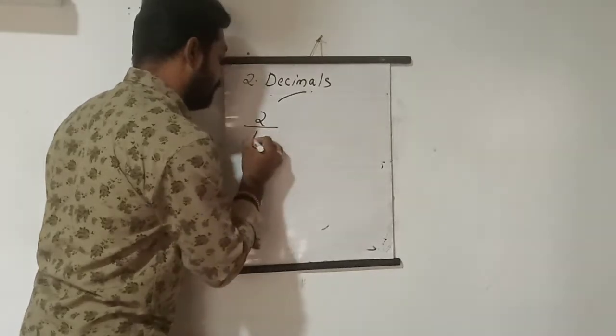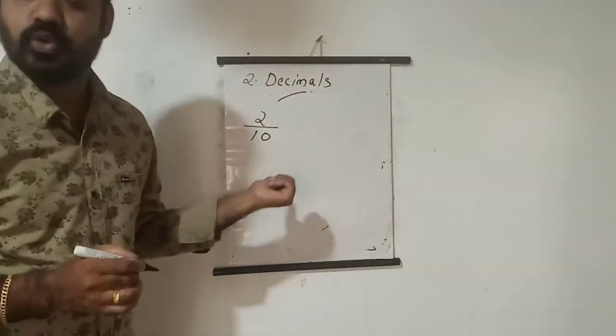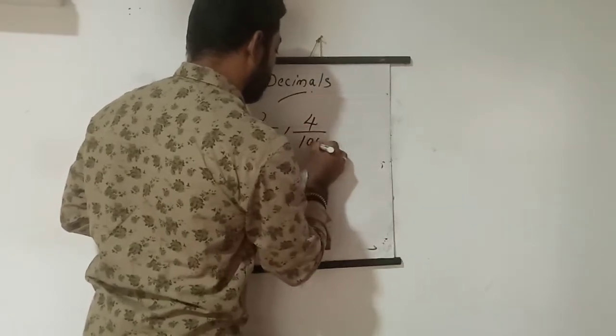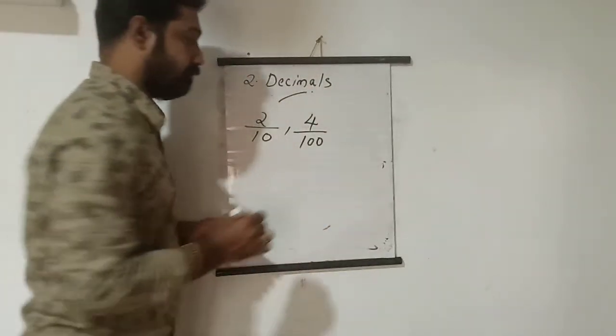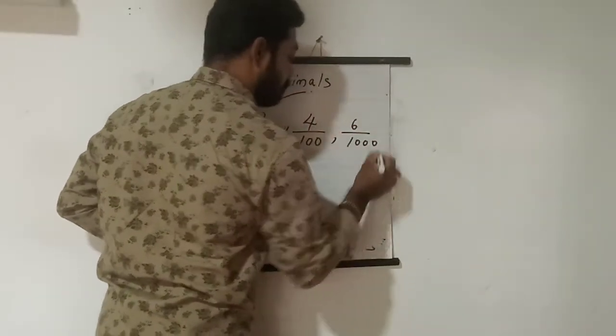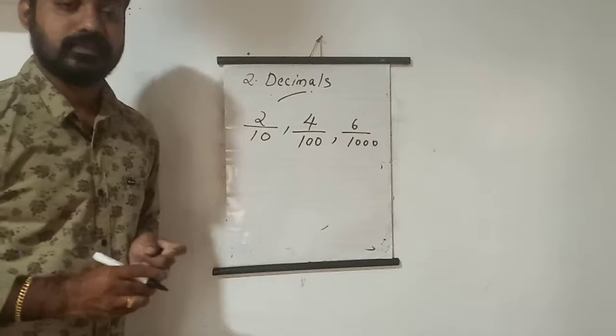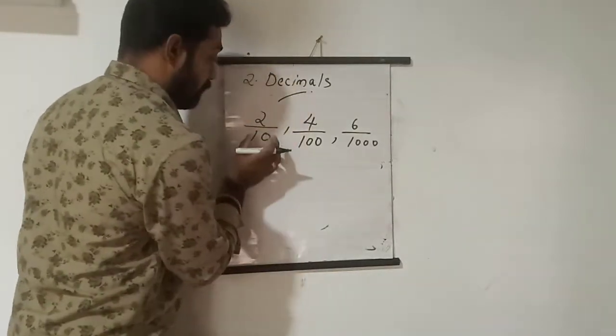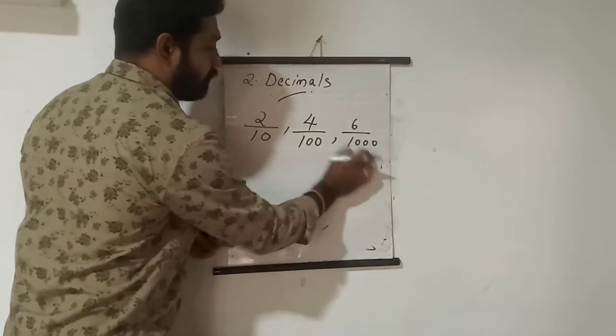2 by 10 is a fraction number. 4 by 100. 6 by 1000. These are the numbers where I wrote denominators such as 10, 100, 1000.